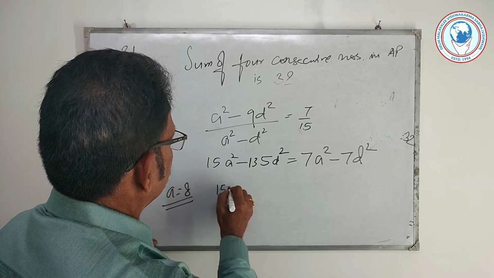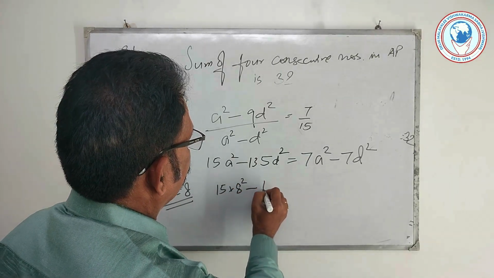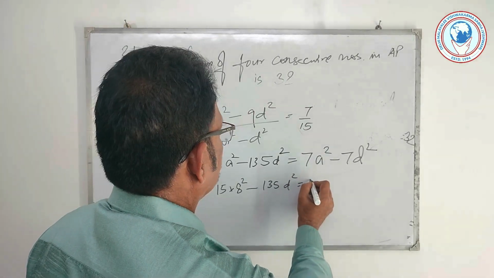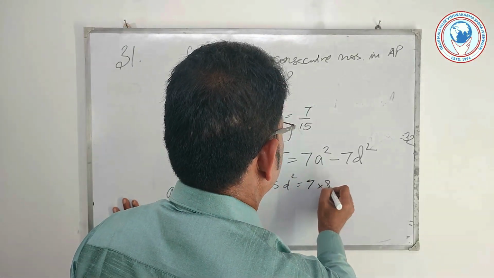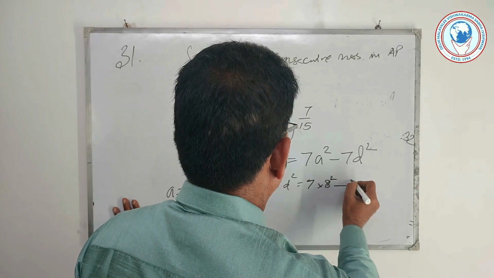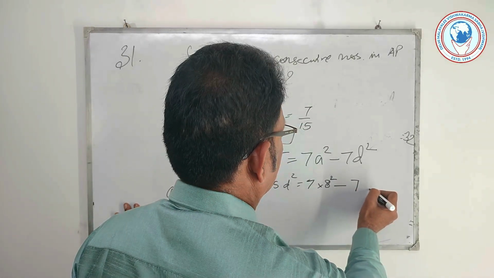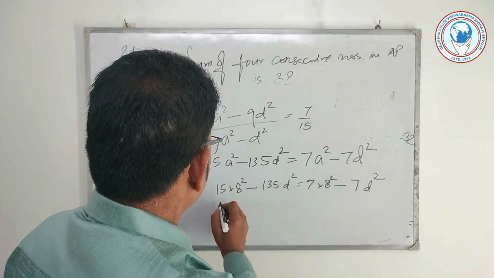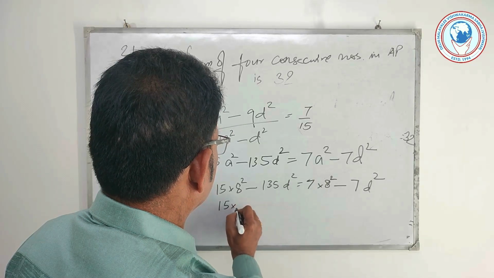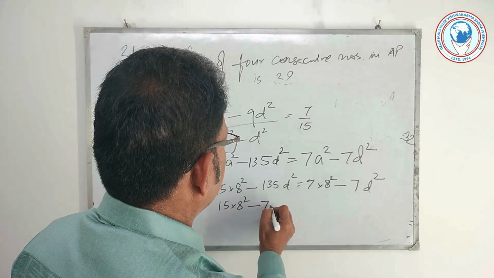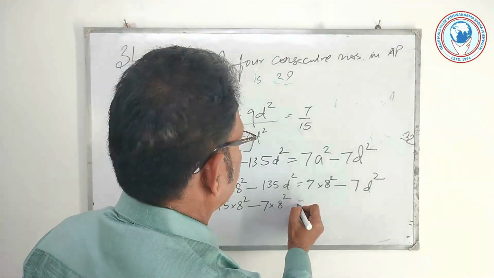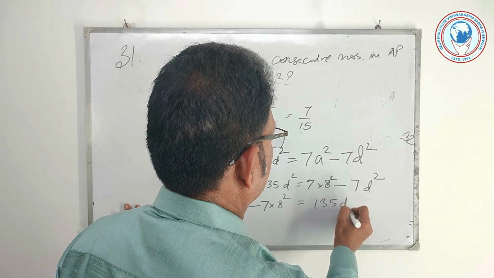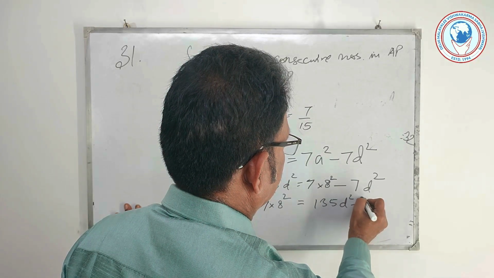So 15 into 8 square minus 135d square is equal to 7 into 8 square minus 7d square. 15 into 8 square minus 7 into 8 square equals 135d square minus 7d square.